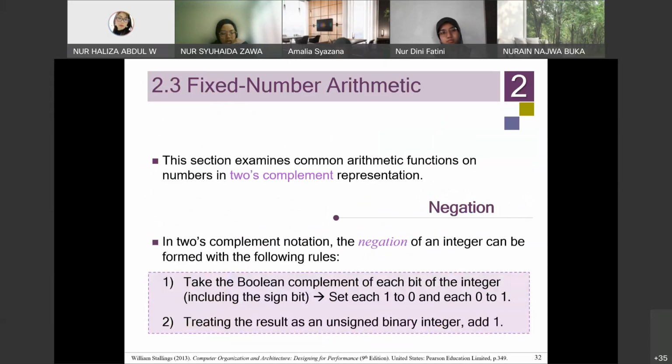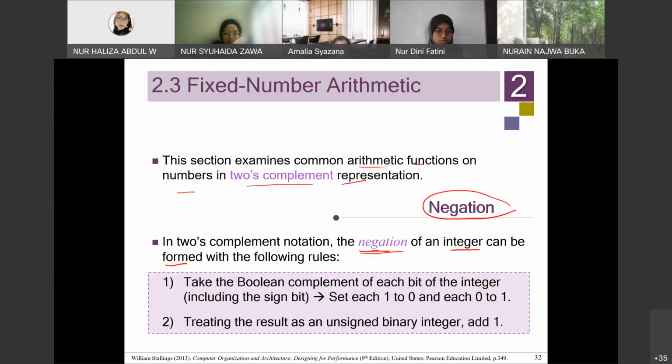Okay, this section examines common arithmetic functions on numbers in two's complement representation. In two's complement notation, the negation of an integer can be formed by following several steps.